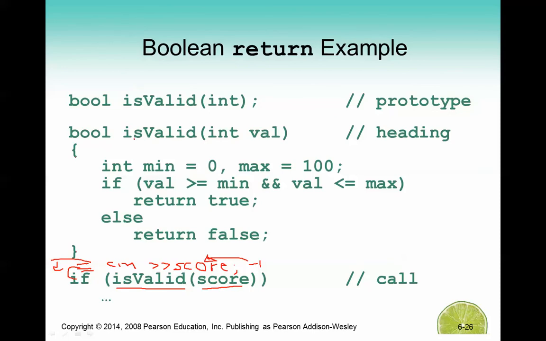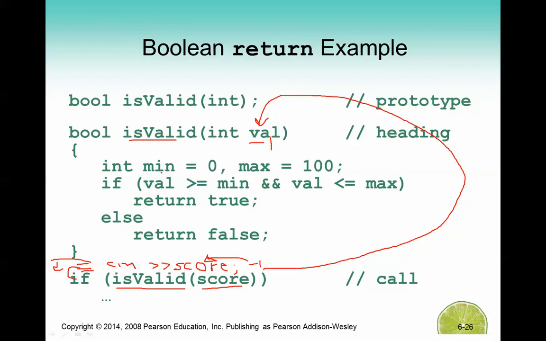It's here. So we're sending the -1 and it has to have a location in memory. So here it is. Remember, this is the argument and this is the parameter. So this -1 is going to be copied into BAL. So we have a -1 in BAL. And we enter the body of the function.